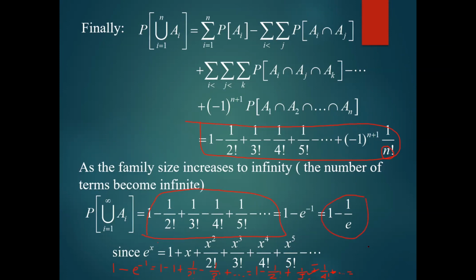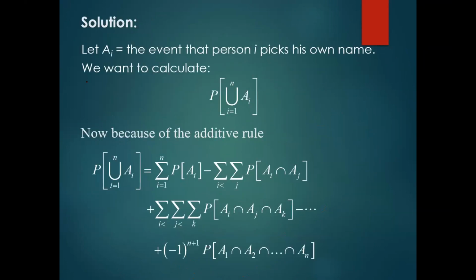So let us try to look at how this probability changes for various numbers of n, and if we allow n to increase without limit, so up to infinity. If there are 5 people, what's the probability that at least one person picks his name?